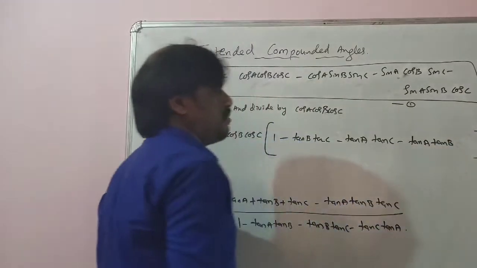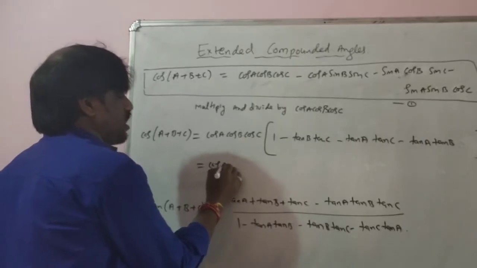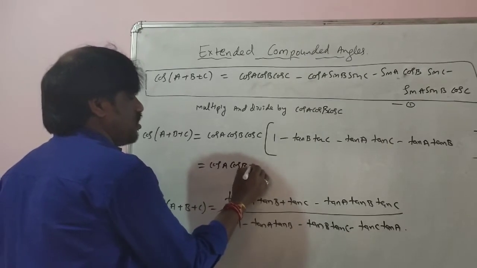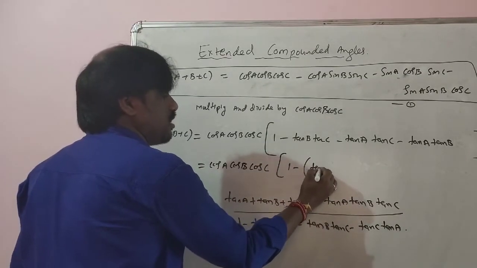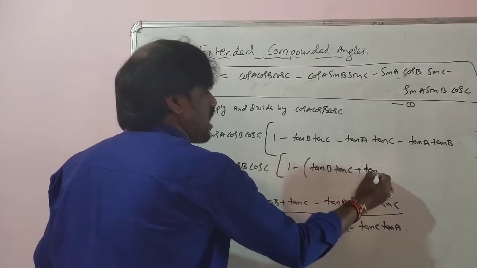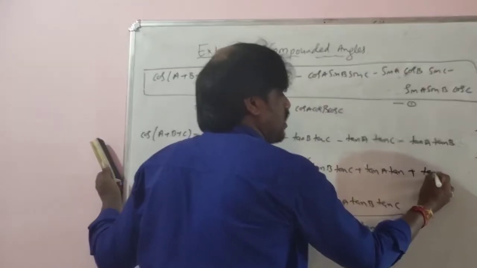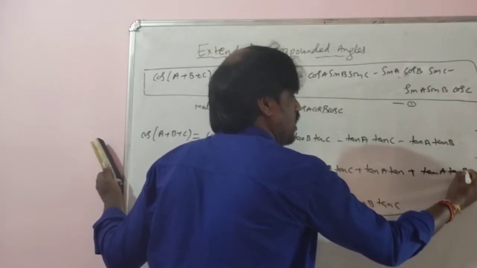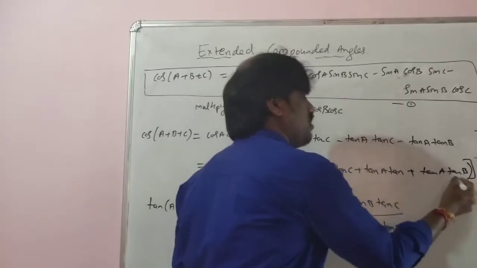I thought it was a sin C. So I get minus tan A tan B. So finally I get cos A cos B cos C times the bracket 1 minus, taking common, tan B tan C plus tan A tan C plus tan A tan B. This is the formula exactly in terms of tan.